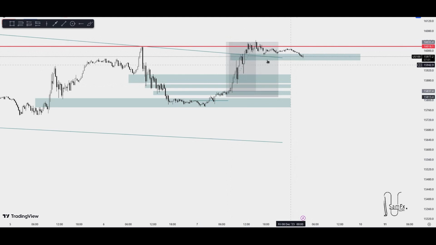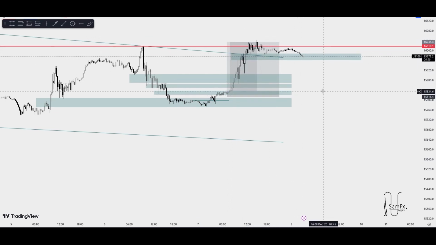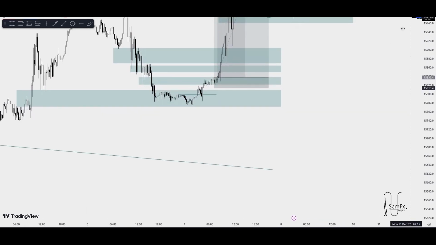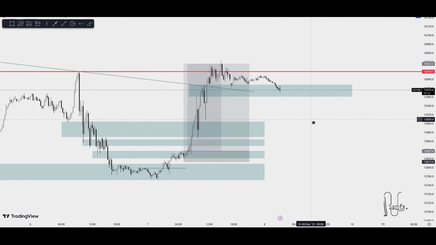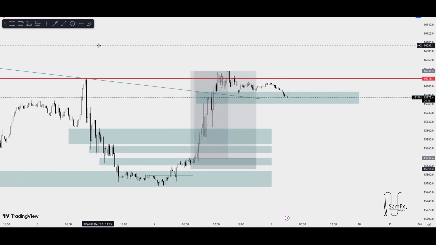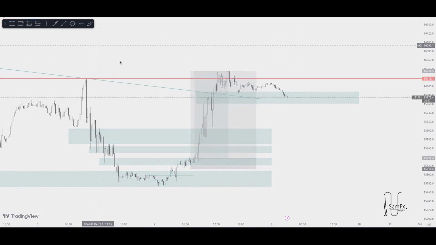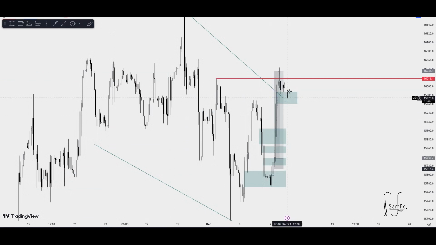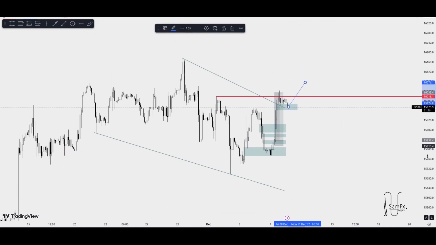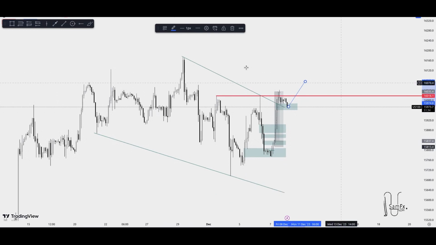So right now, today, I am looking at this area and I'm hoping that price would eventually reject this fair value gap, and the fair value gap is clean on the 2 hour. I'm hoping that price could reject this area and continue the movement to the higher side, completing this entire move and eventually hitting this area over here.